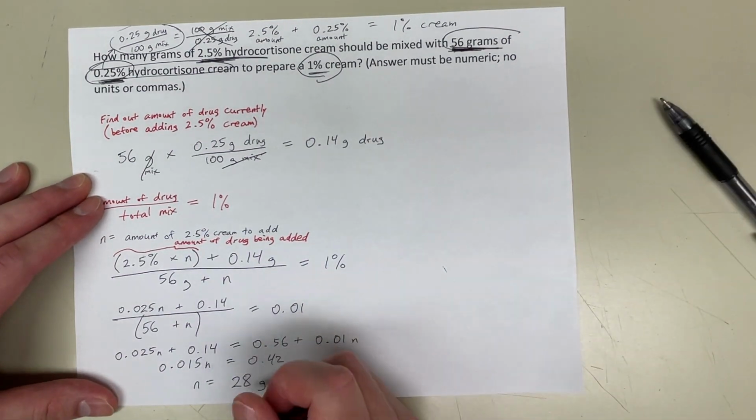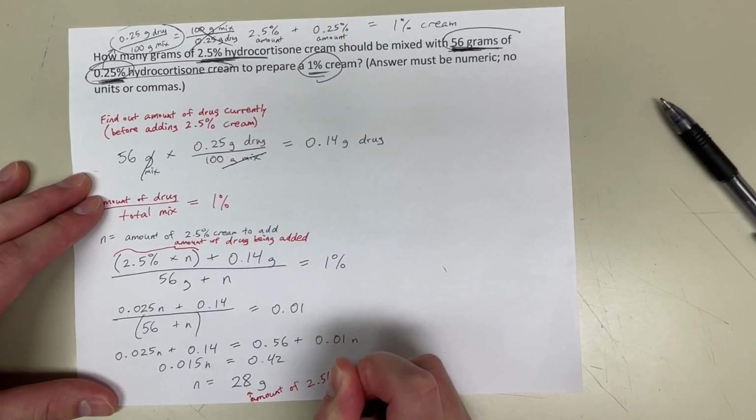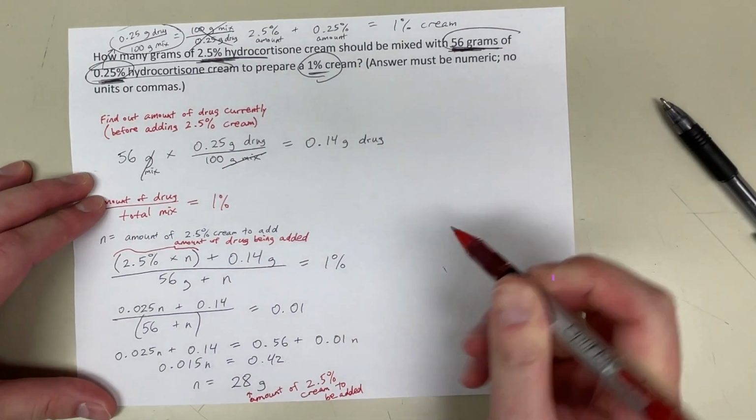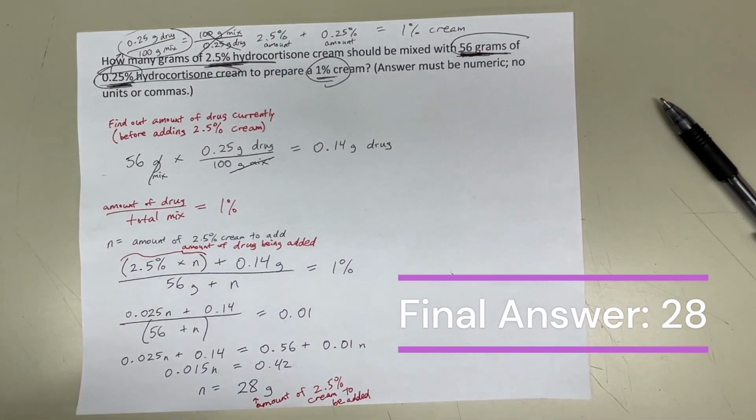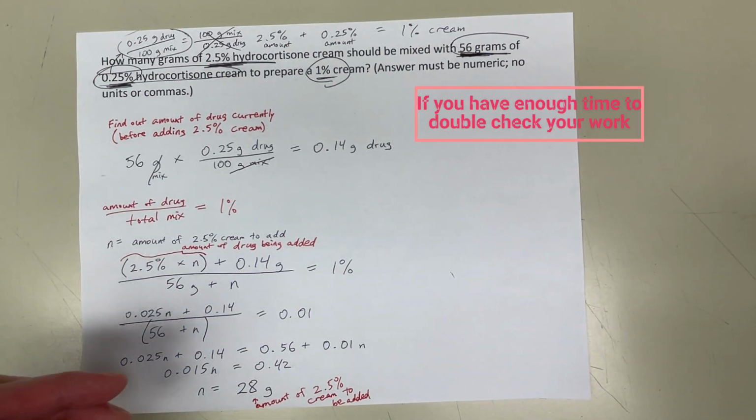So this 28 grams is the amount of 2.5% cream to be added. That's my final answer. I'm done: 28 grams. Now I'm going to double check to make sure I'm right.